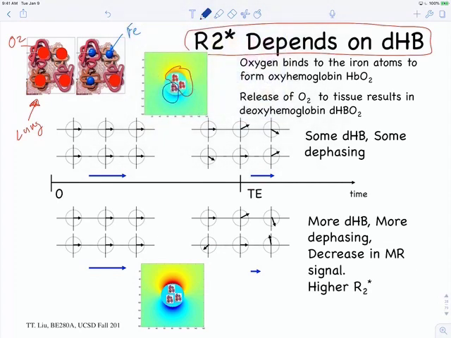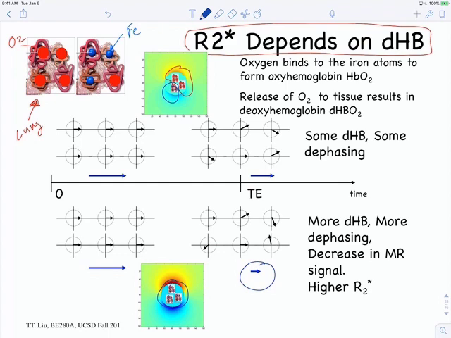Whereas here, all the oxygen has come off, and now you see all the iron atoms. That's going to lead to a lot more dephasing, and therefore we're going to have a smaller signal and higher R2 star.